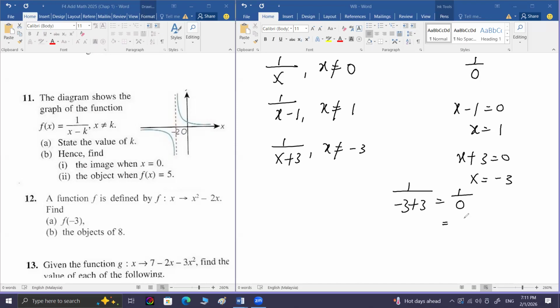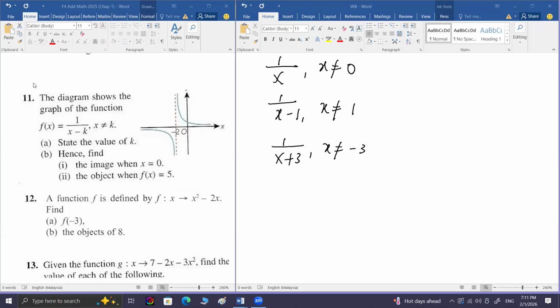That is a math error. I'm trying to explain the value of x that can't be. If I give you x minus 4, x cannot be what? x cannot be 4. For 1 over x plus 6, x cannot be negative 6.